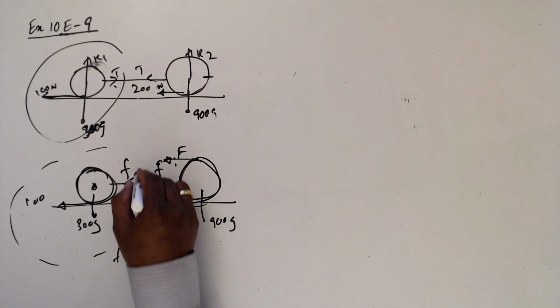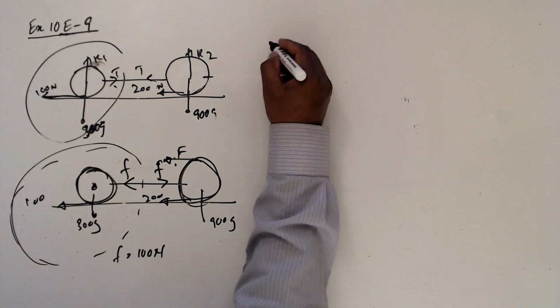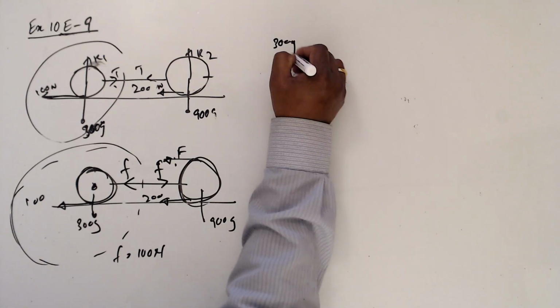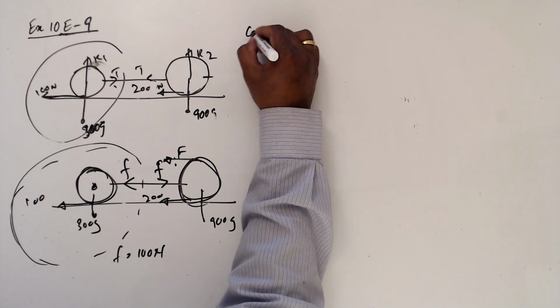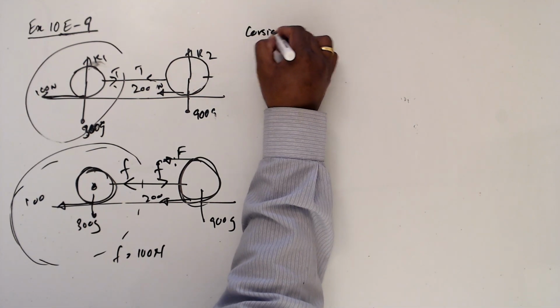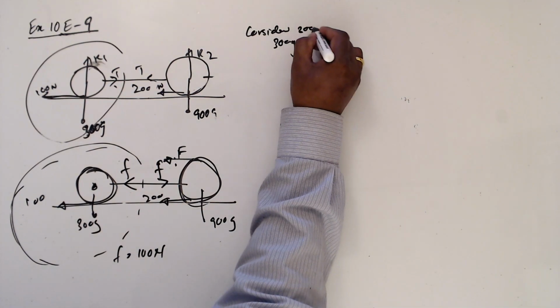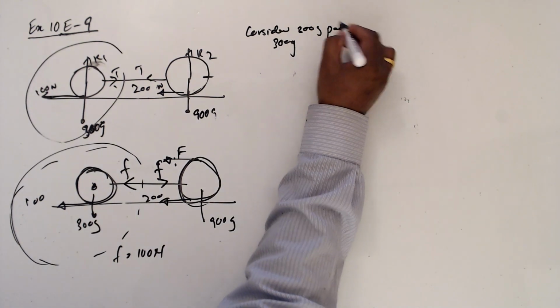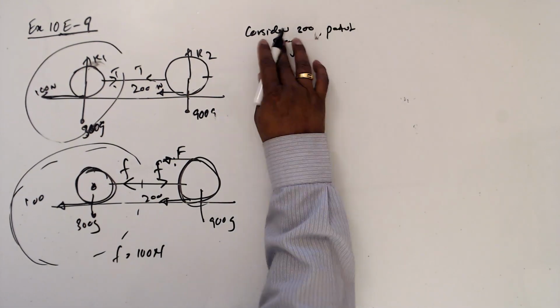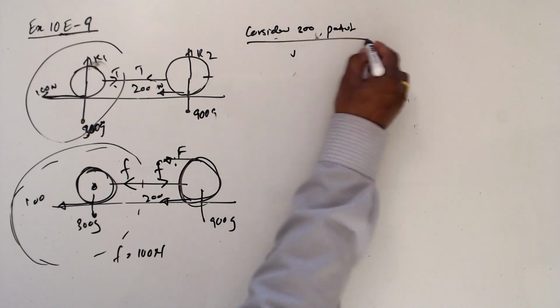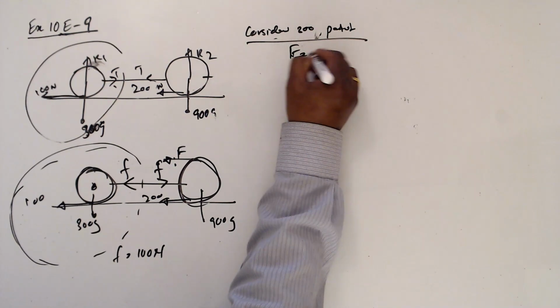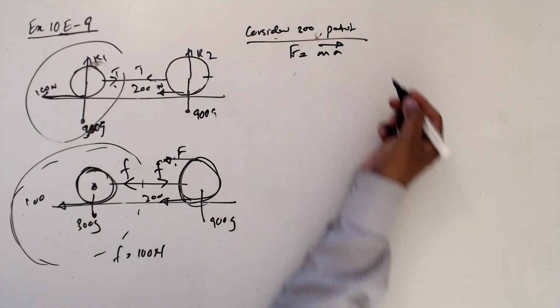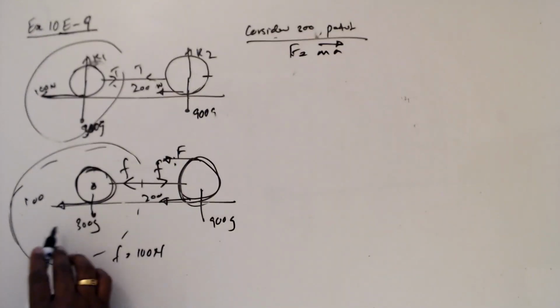For that, we'll consider the 300g particle. F equals ma in this direction.